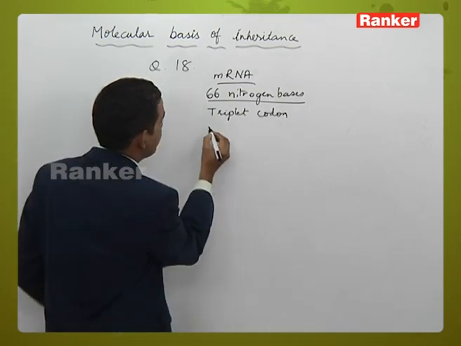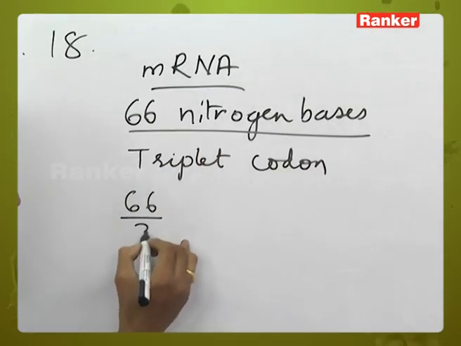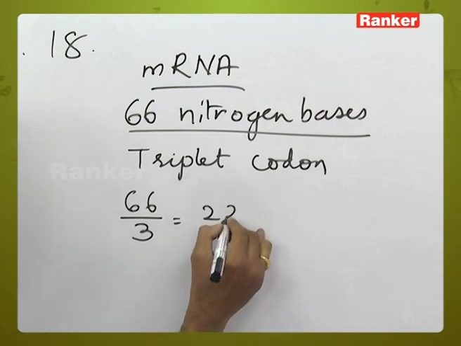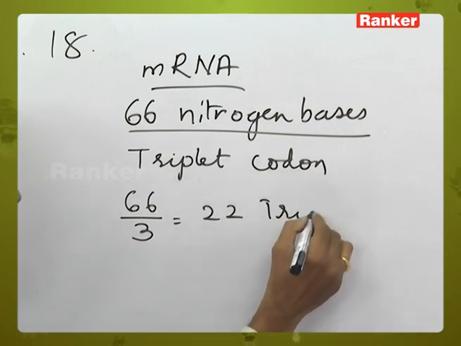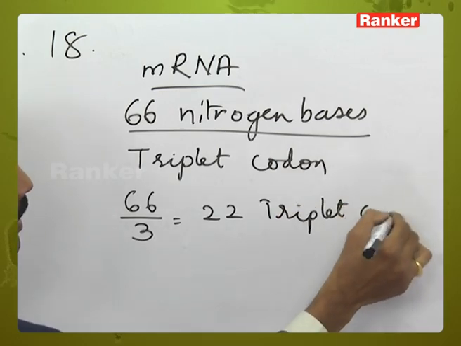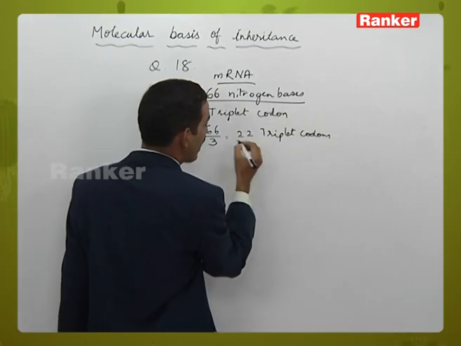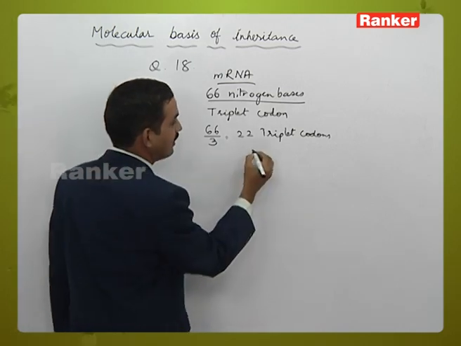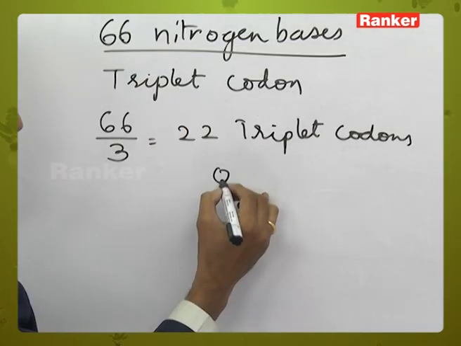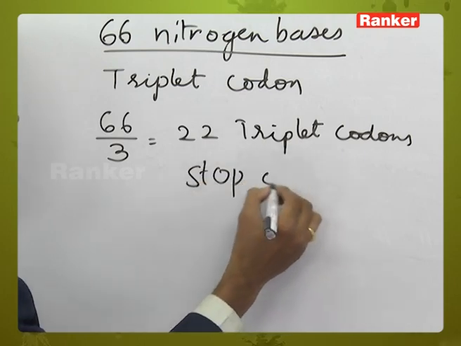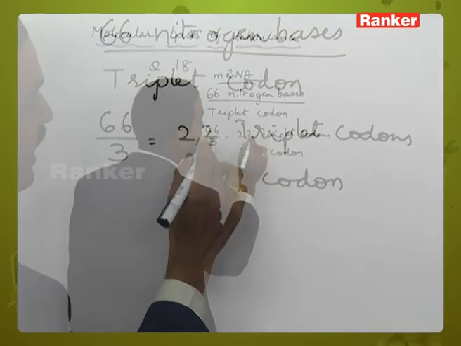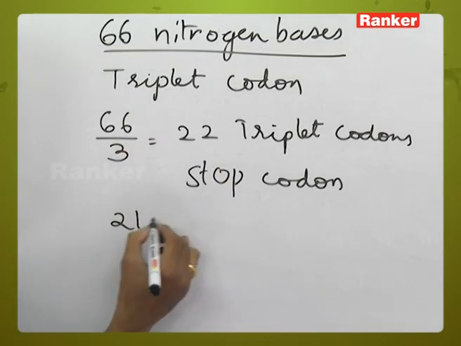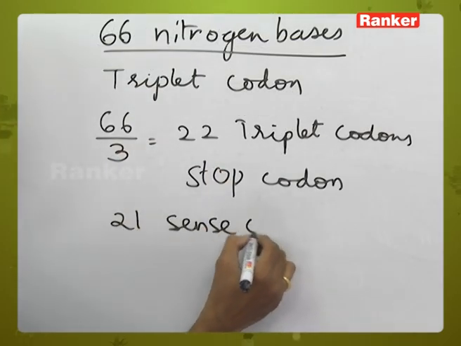So the number of nitrogen bases divided by 3, we get a total of 22 triplet codons. And out of the 22 triplet codons, the last one is considered the stop codon. So we have to remove that stop codon from 22, so that 21 are acting as sense codons.